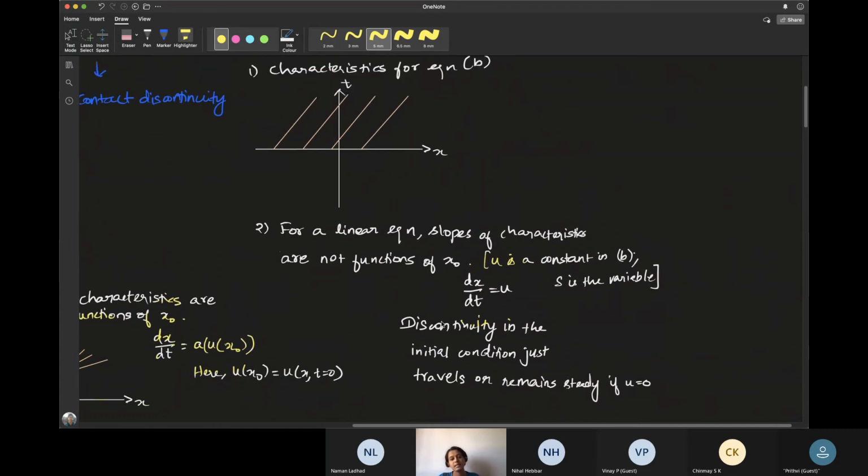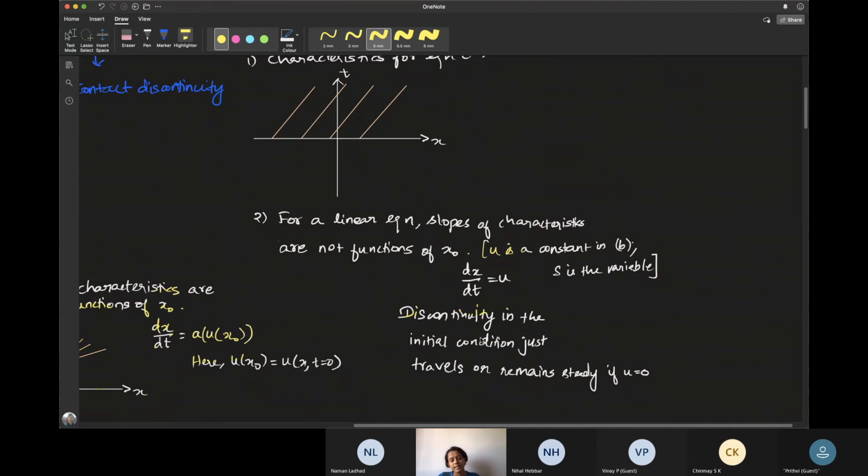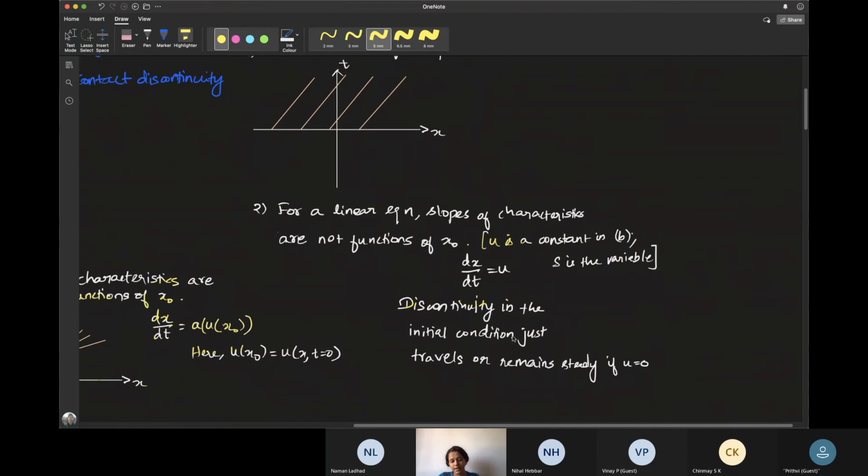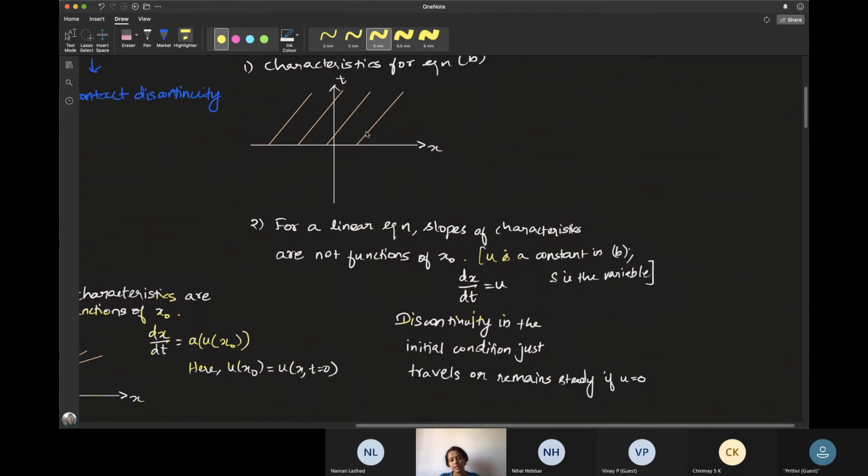However, if the initial condition itself has a discontinuity, then that discontinuity can travel along the characteristics, or it can just remain steady if u is 0. If u is 0, then dx/dt equals 0, right? Then we'll have x equals some x naught, which is the initial point. So x will be constant, so we'll have just straight lines.